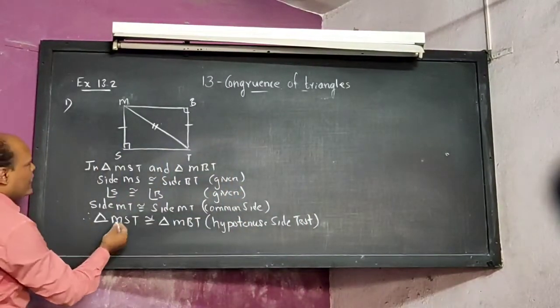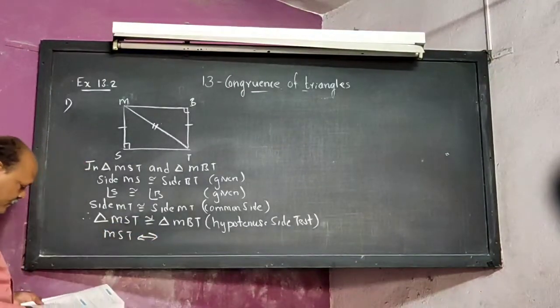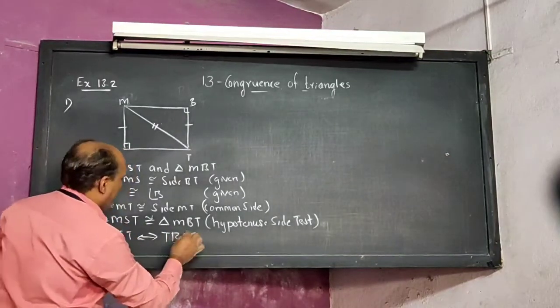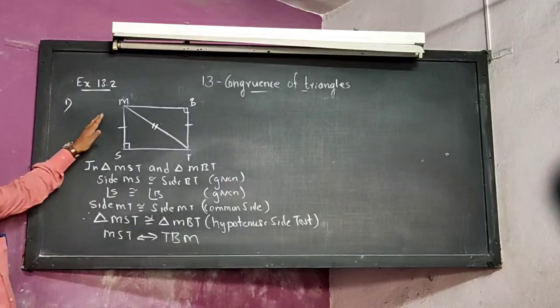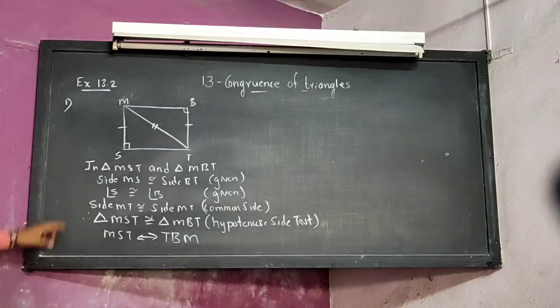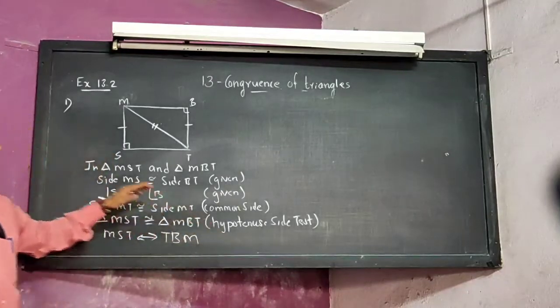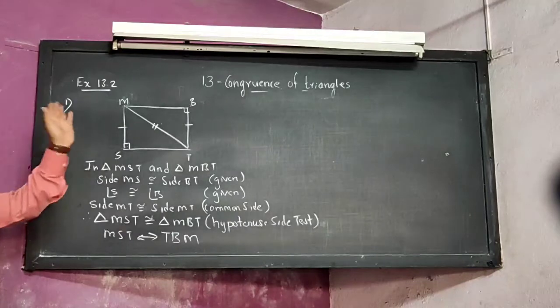Now the one-to-one correspondence: MST one-to-one corresponds to TBM. In a triangle there are a total of 3 sides and 3 angles. Here, for saying the triangles are congruent by a test, we require 3 parts. So 3 parts are already written here, and 3 parts are still remaining.